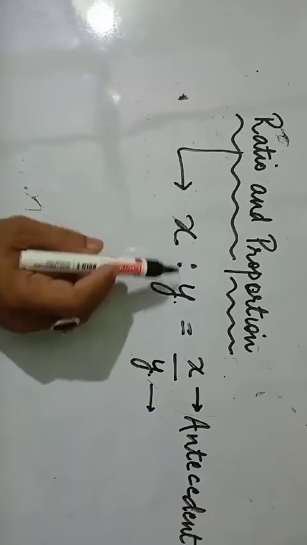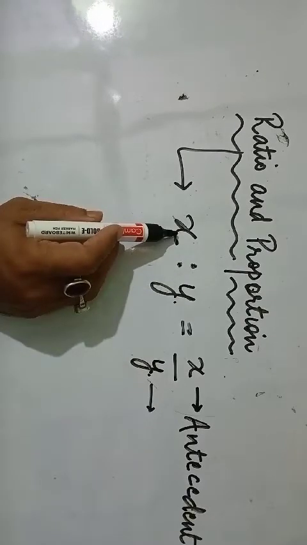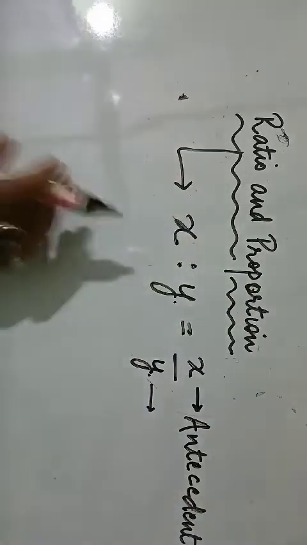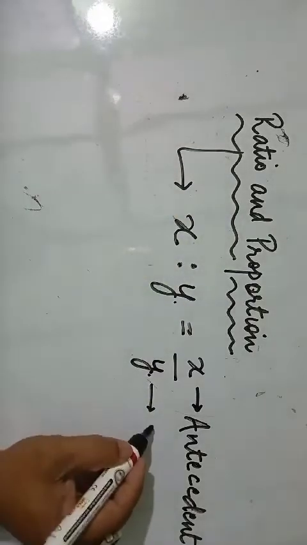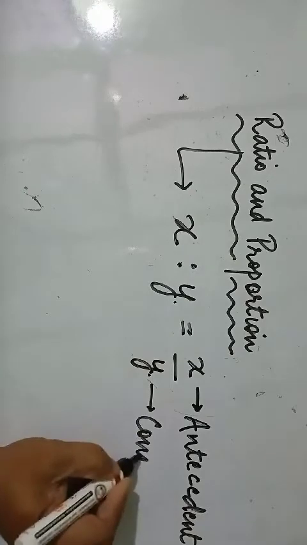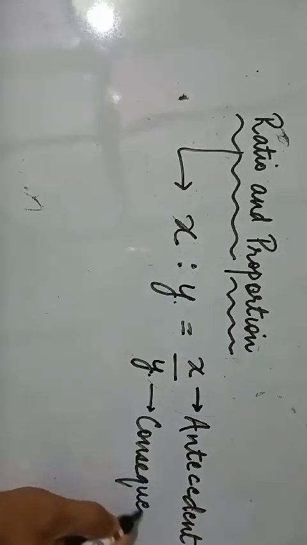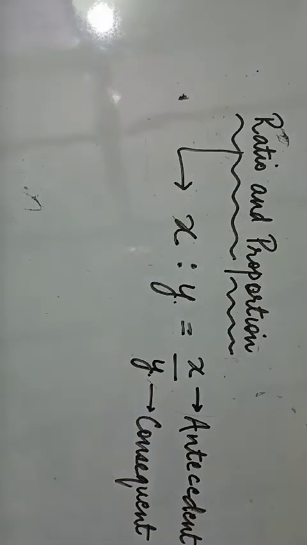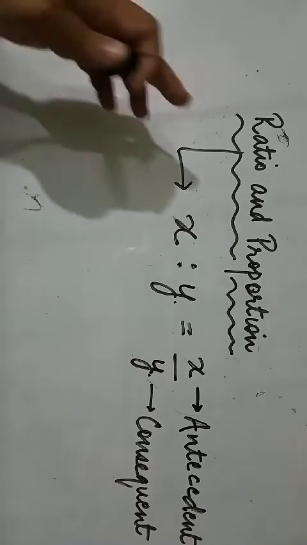So one number is to another number. The number written at the top is usually the number written to the left side in the ratio sign. So you have antecedent at the top and consequent at the bottom. This is the basic idea that you have with regards to ratios.